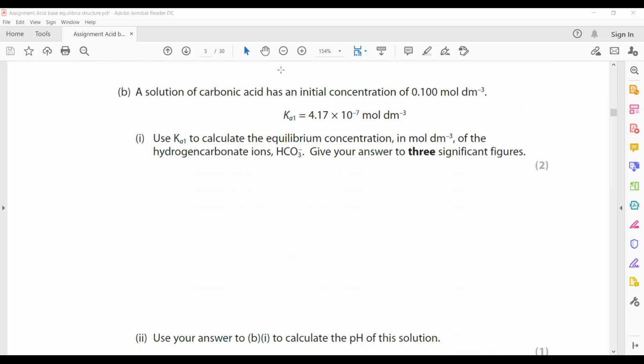Now, a solution of carbonic acid with an initial concentration of 0.1 mole, where K1 is 4.17 × 10^-7. Use Ka1 to calculate the equilibrium concentration for the hydrogen carbonate ion and give your answer in three significant figures. So we have the Ka, K1 is given.